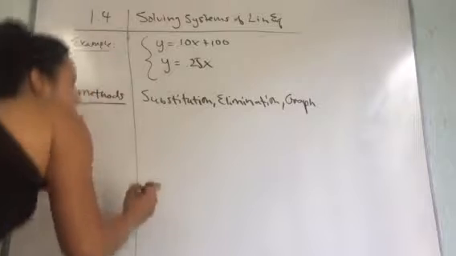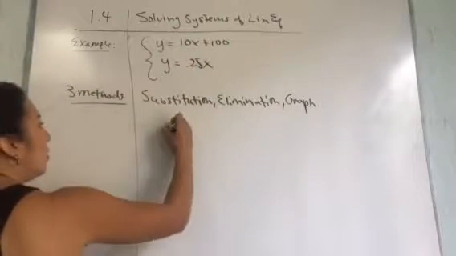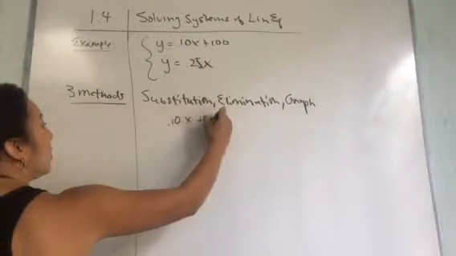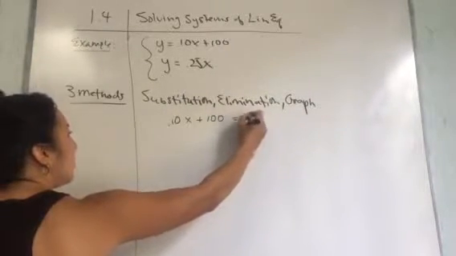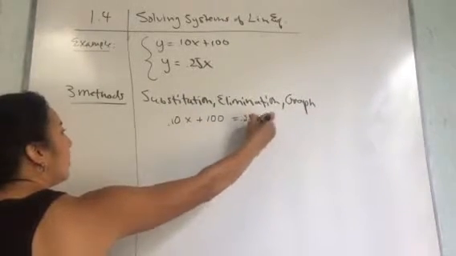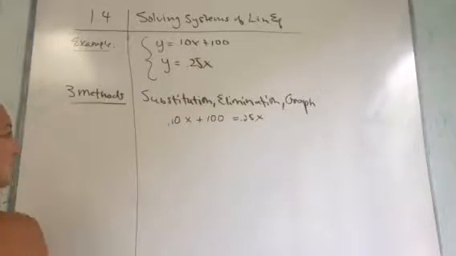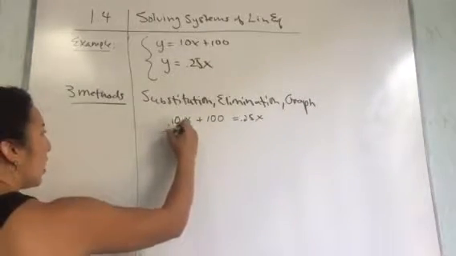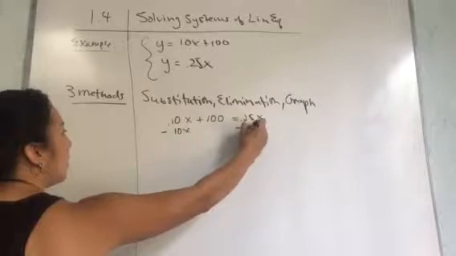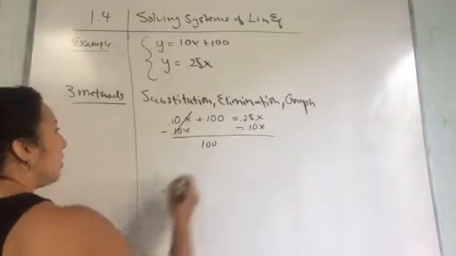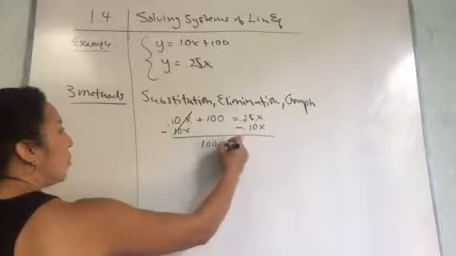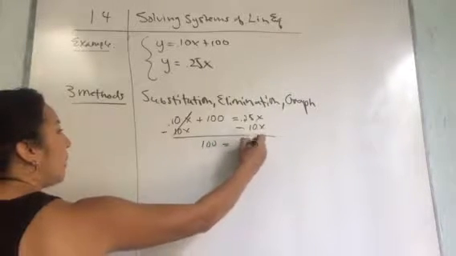All right, so we know that 0.10x plus 100 is equal to y, and 0.25x is also equal to y. So if I consolidate the x's, I'm going to subtract 0.10x from each side, and I end up with 100, because these cancel out, is equal to 0.15x.